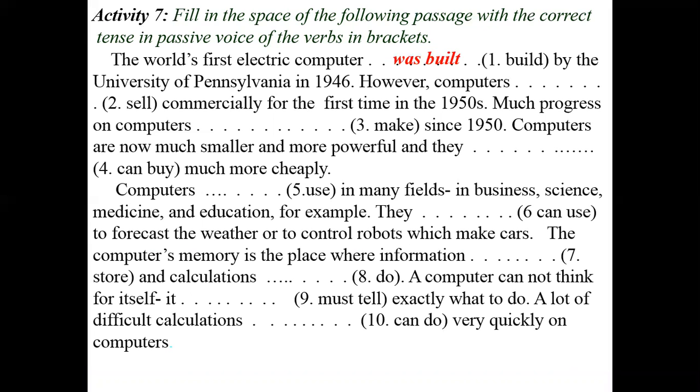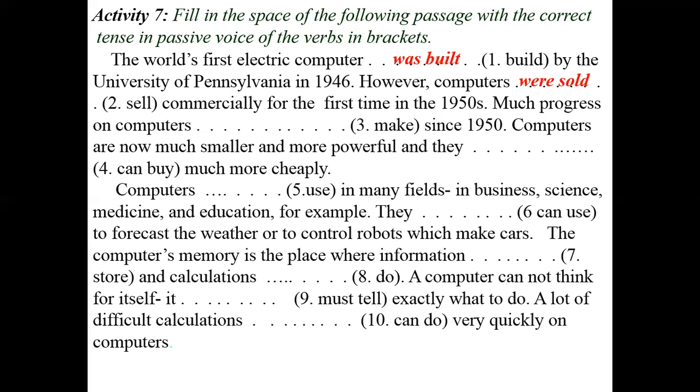How about number 2? However, computers commercially for the first time in the 1950s. So the 1950s belonged to the past, right? And computers is plural. So yeah, sell, sold, were sold, right? And how about number 3?